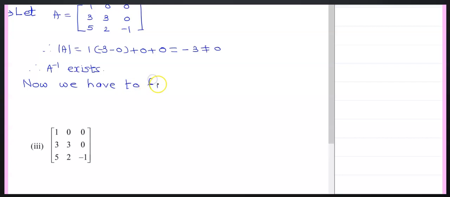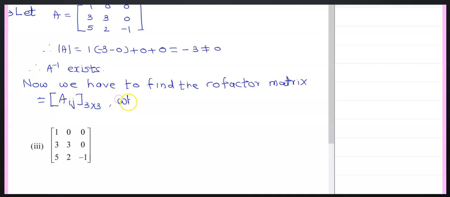Now we have to find the cofactor matrix. Aij is a 3 by 3 matrix, where Aij is equal to minus 1 raised to i plus j, Mij.